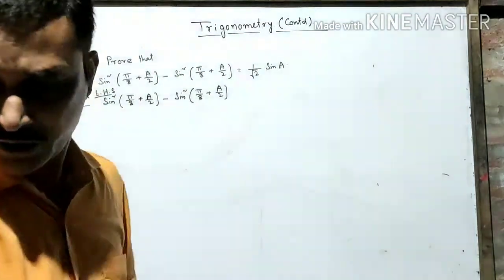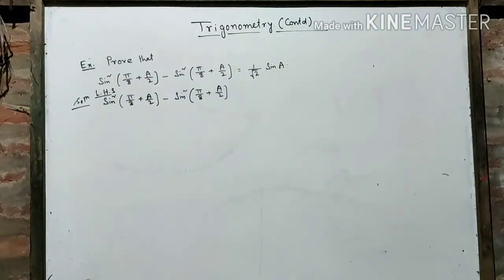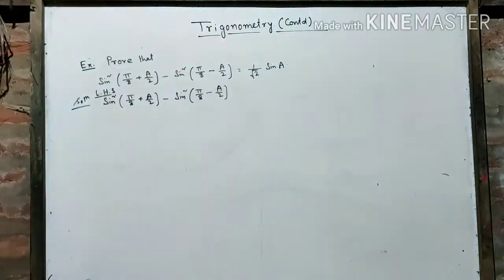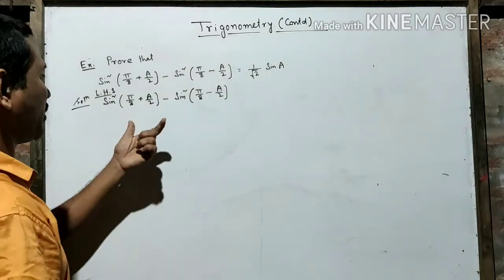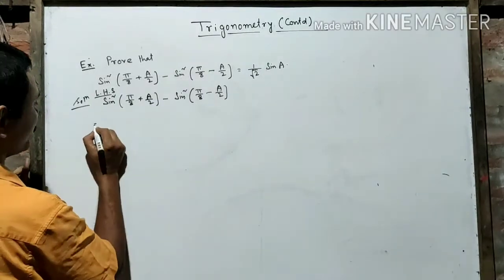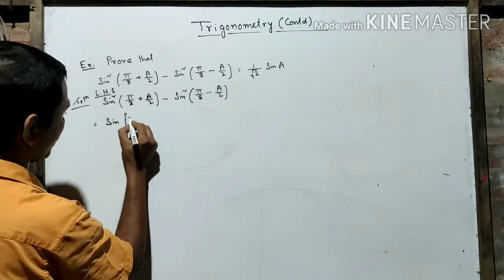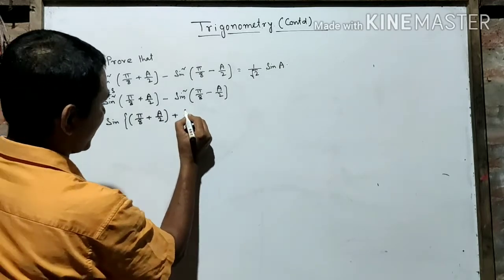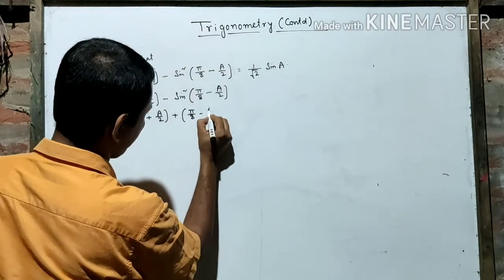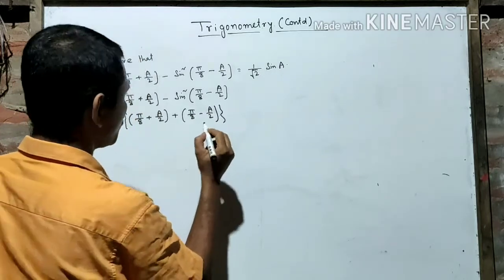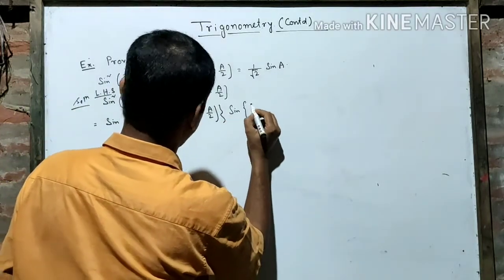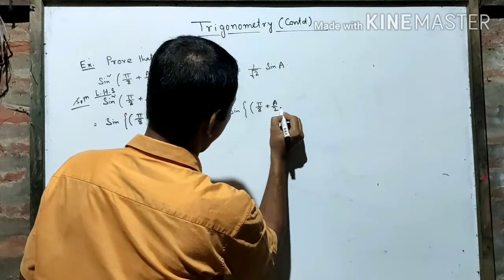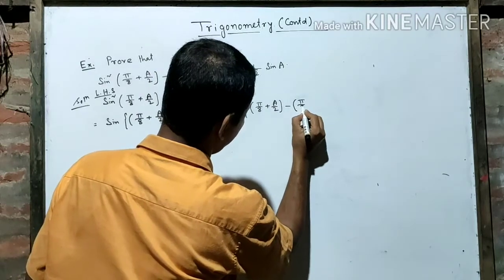Oh, something is wrong. This must be minus. Okay, so this is A, this is B, and the formula is sine square A minus sine square B is equal to sine (A plus B) into sine (A minus B).